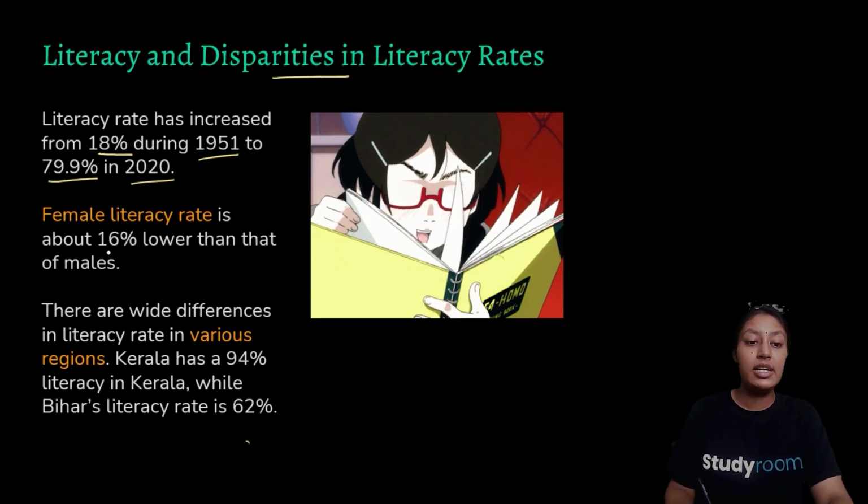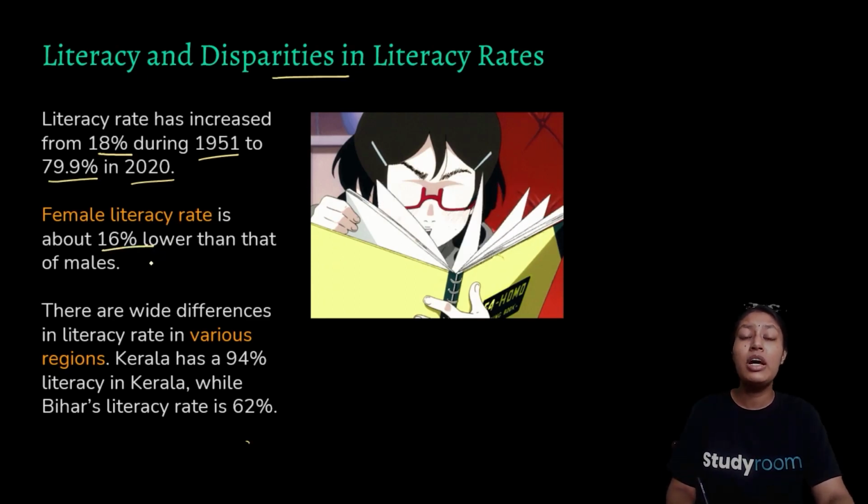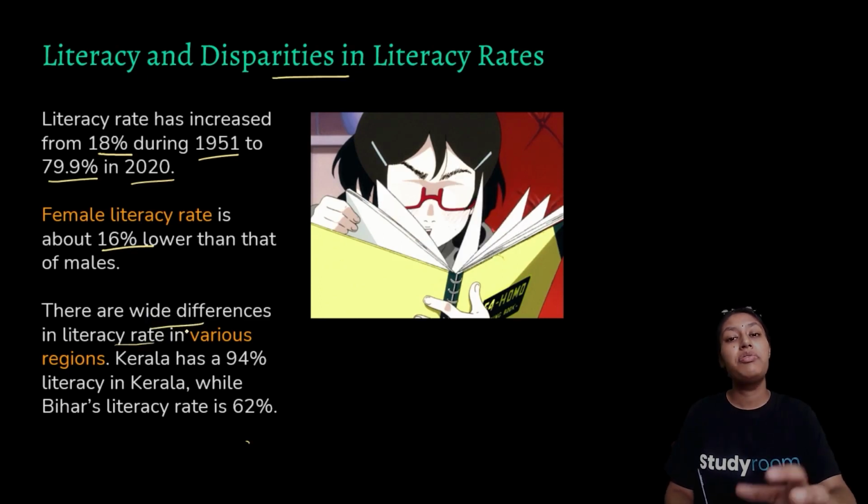Female literacy rate is 16% lower than men. Yes, the female literacy rate in India has always been lower as compared to men, and it is 16% lower than men's. There are also wide differences in literacy rate region wise.